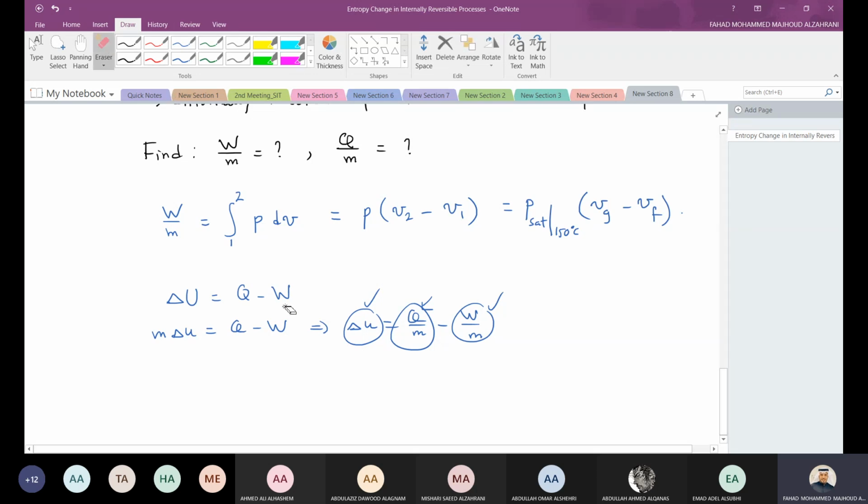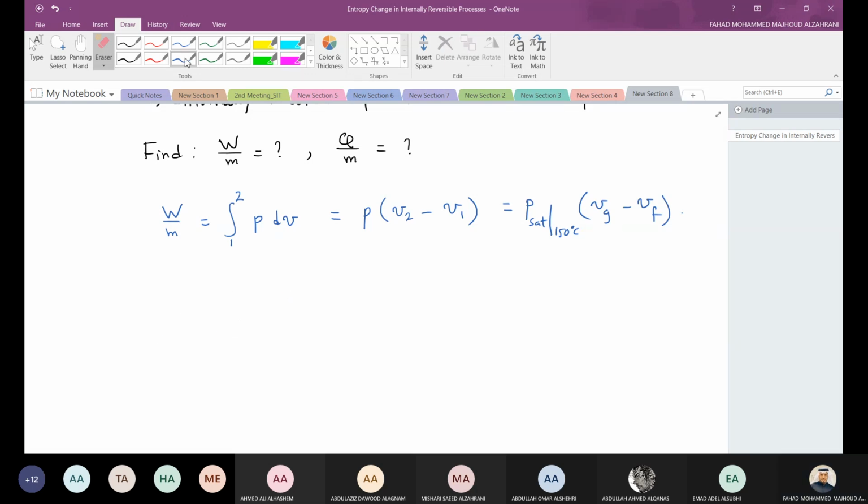Now, guys, since this is an internally reversible process, as I told you, what can I do? What can I use? I can use simply what? I can use the difference in entropy. Exactly.